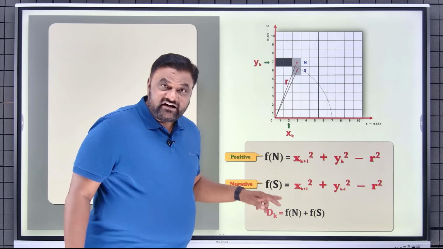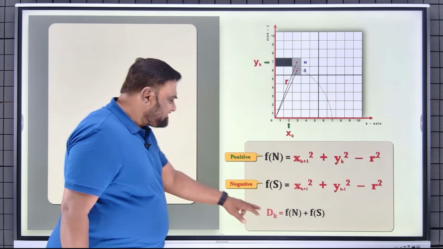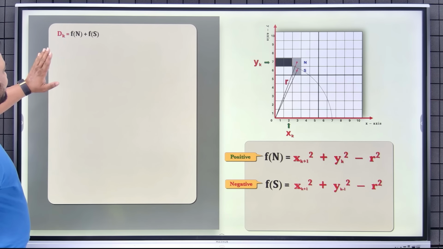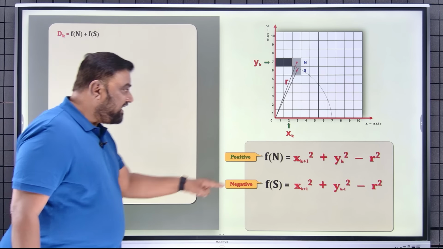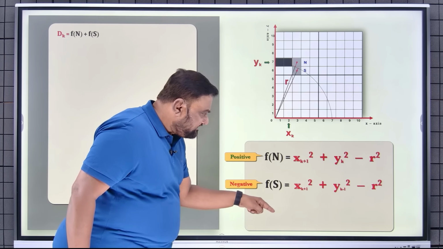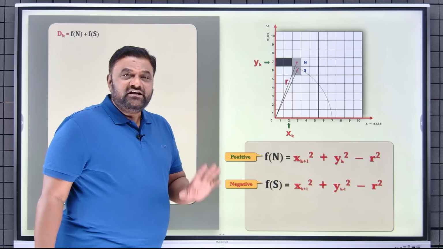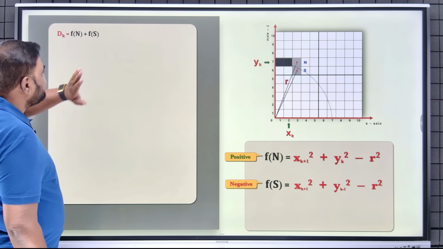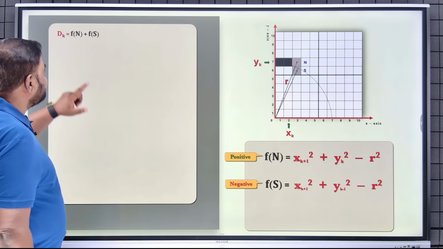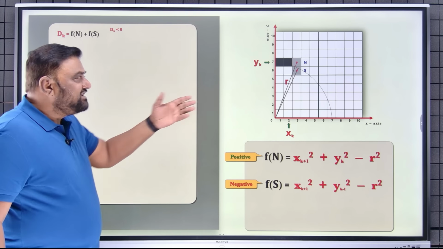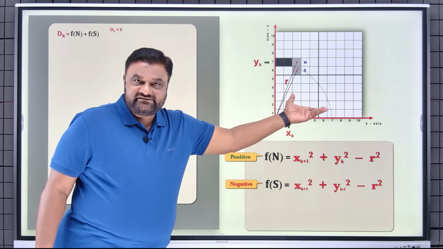We have to derive this one now. So let us take this here. dk is equal to fn plus fs, meaning we have to add these two. Have we added and got the result? No, we have to do that. That's what the derivation is. But this becomes a decision variable. What does it say? If dk is less than 0, then we will select the northern pixel.